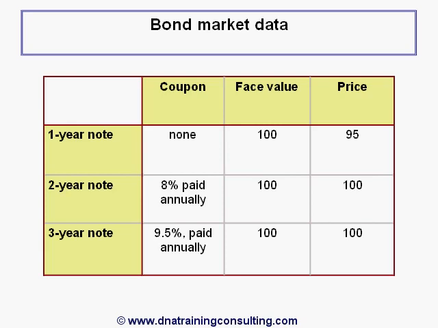Note, among other things, that the 1-year note is a discount security that pays no coupons and is issued at a $5, in this case, discount from its face value, or from par. The other 2 securities are issued at par but pay a coupon of 8% in the case of the 2-year and 9.5% in the case of the 3-year.